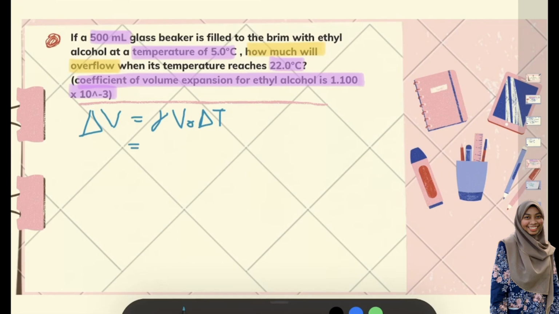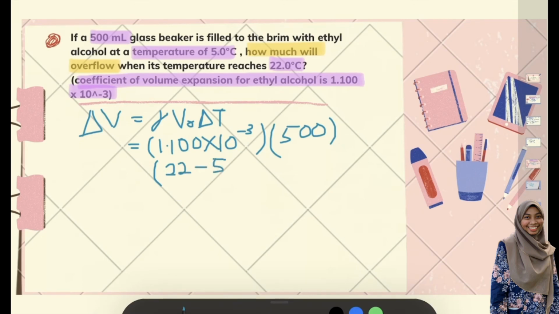T. So gamma is 1.100 times 10 to the power of negative 3 times V naught, which is 500 ml, and change of temperature 22 minus 5.